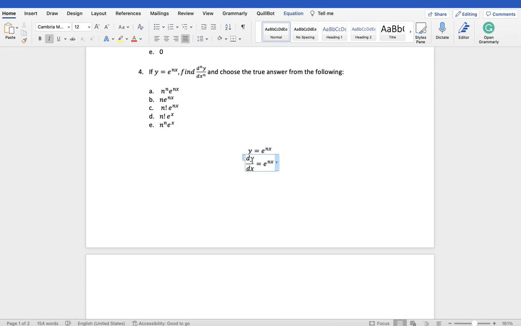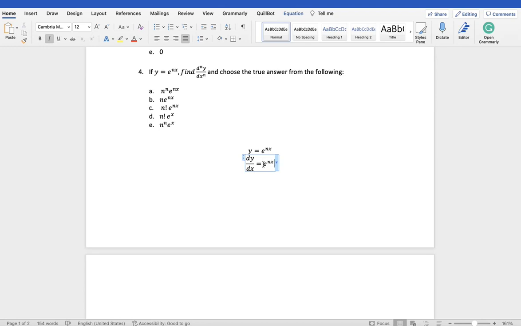Okay, so the first derivative of y in terms of x, remember, you use the chain rule. So what's the derivative of e to the nx?